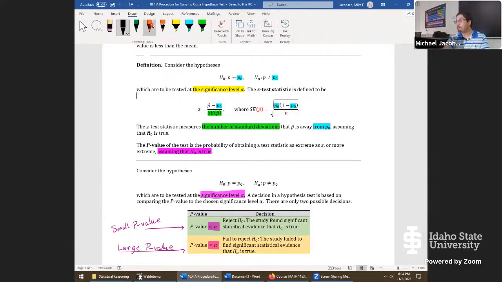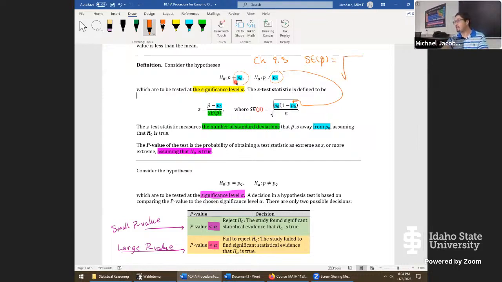But the massive thing that we have to be really, really careful of is observe how p naught goes inside here. But in chapter 9.3, the standard error formula for p hat, we don't have a null hypothesis. We are not assuming anything is true about the data. We're just looking at it and taking it exactly as it is.